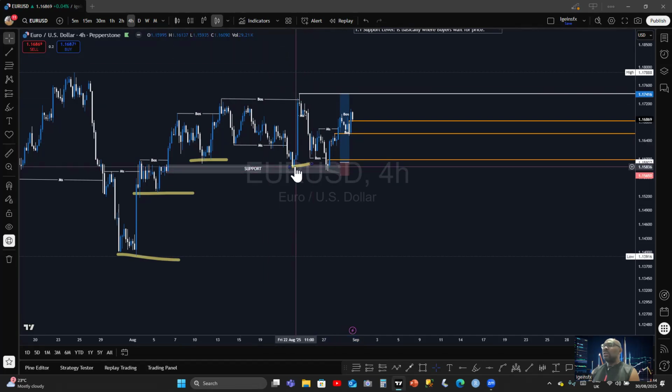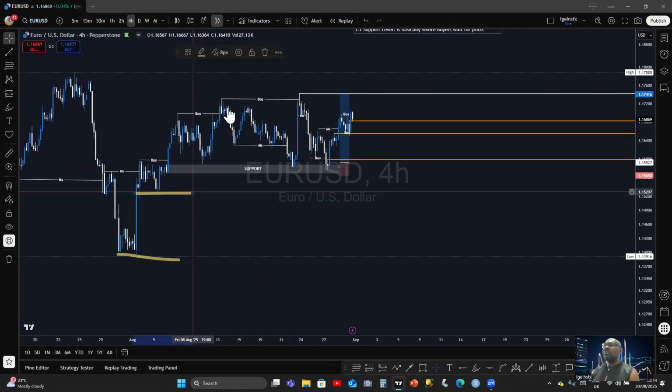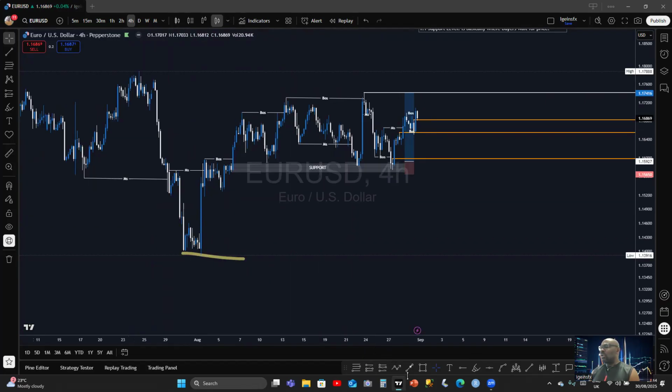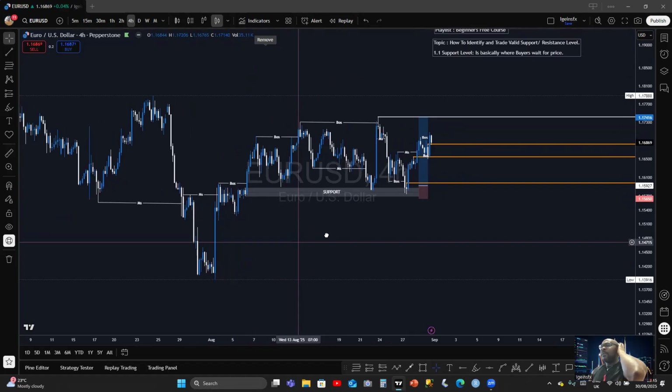Now, what happens is that once you are able to identify a support level, all you need to do is wait for price to come to that level. Then you enter the market and start pushing the price to the upside. As simple as that. Maybe the way I explain it is very simple, and that is why you guys are confused.